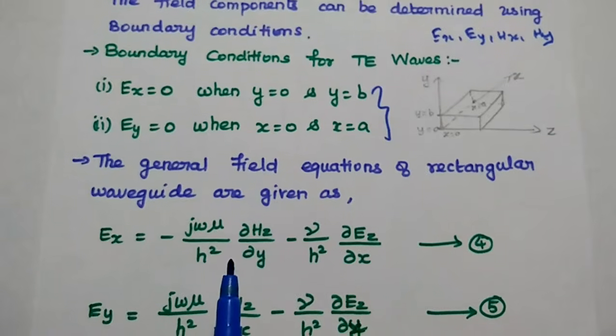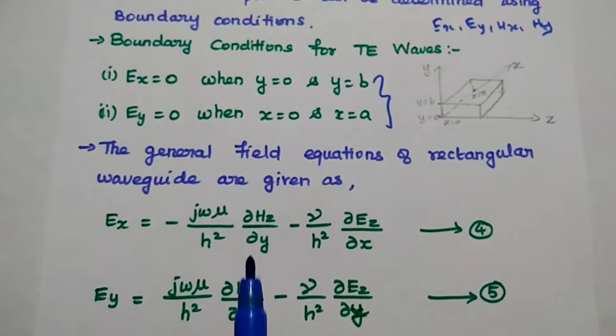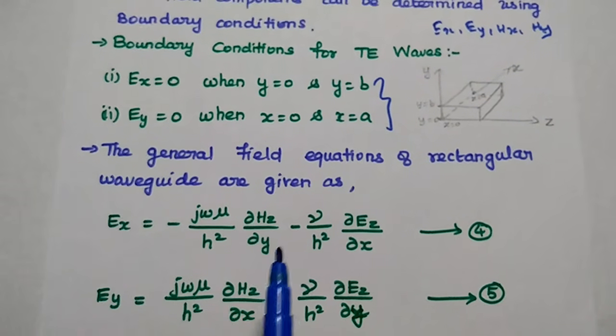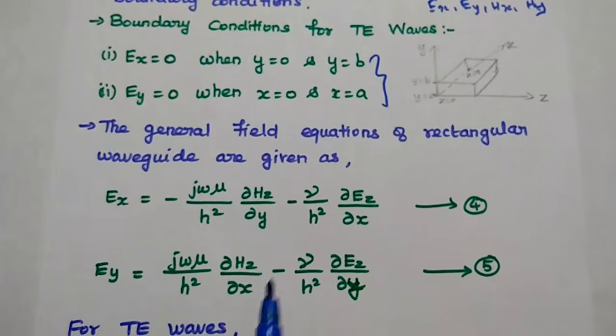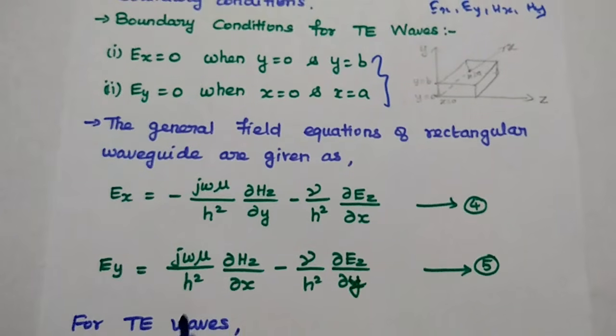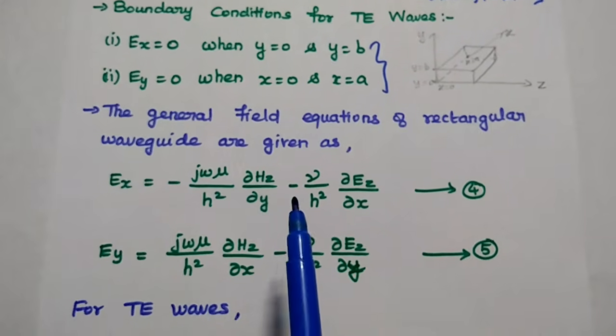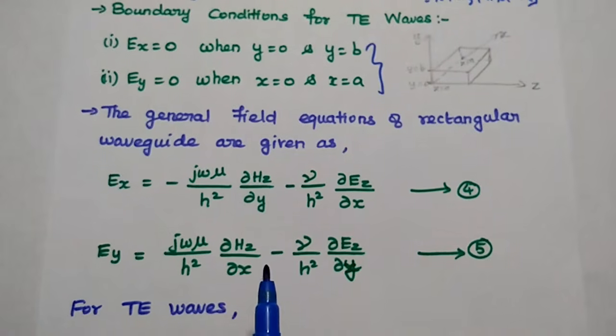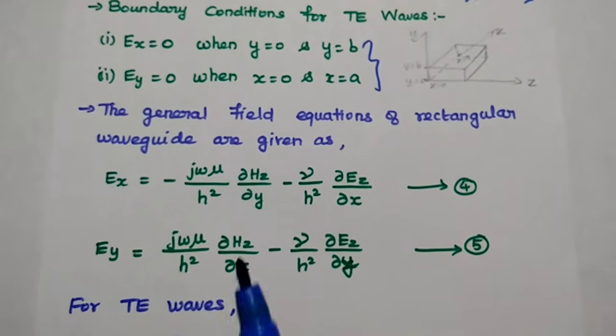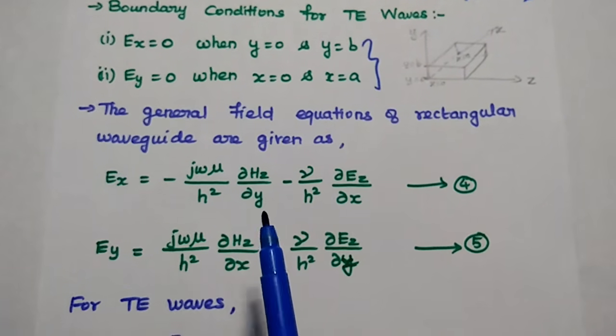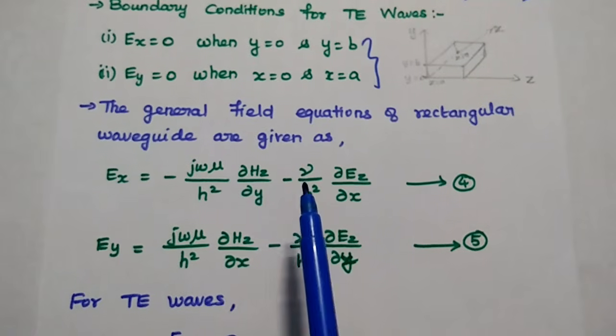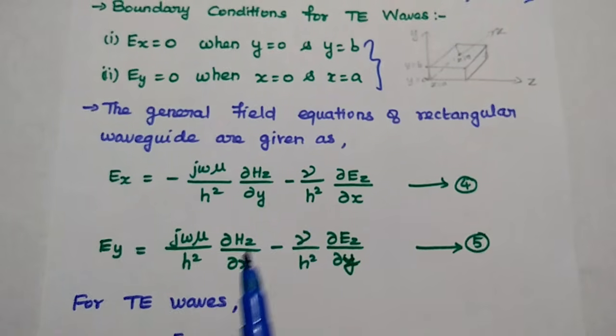Next, we have to consider the general field equations of the rectangular waveguide. We have already derived these four equations in the previous lecture video. You have to remember these four field equations of the rectangular waveguide. So first we are going to find out the Ex and Ey components. For that we can consider these two equations.